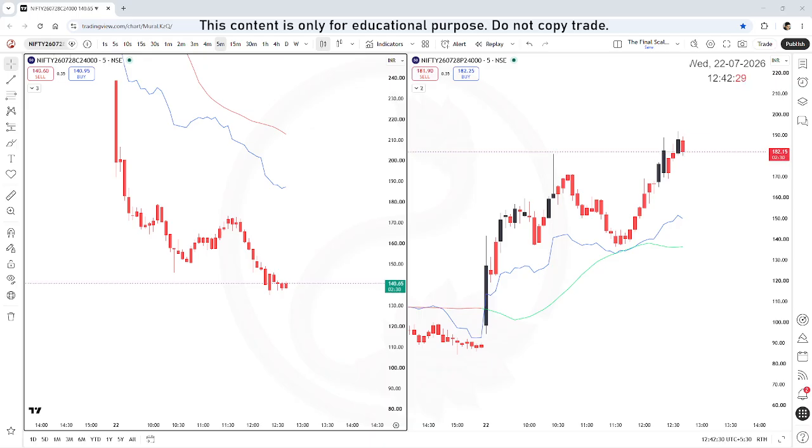Now, what are the components of this thing called synthetic futures? When we look at the futures contract of Nifty, you can easily search Nifty futures in your broker terminal, and you will see a list of several Nifty future contracts with different expiries, the nearest expiry or maybe 3 months later.